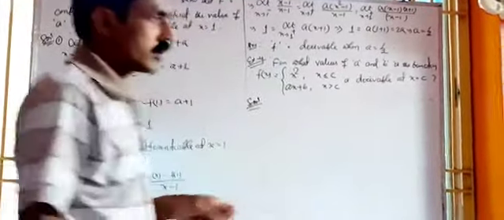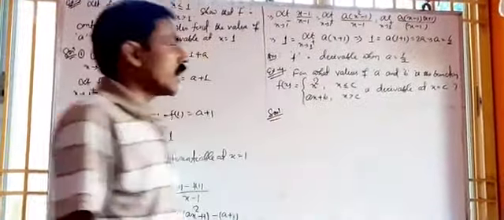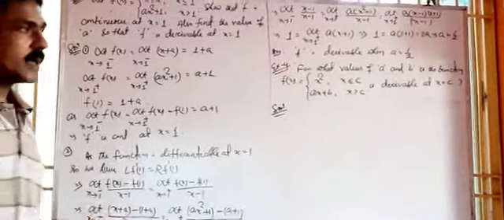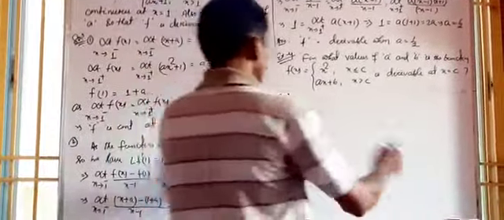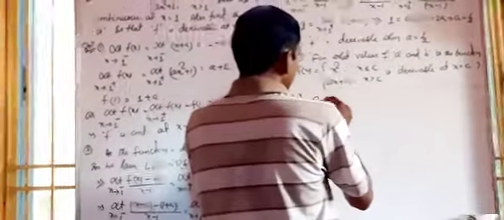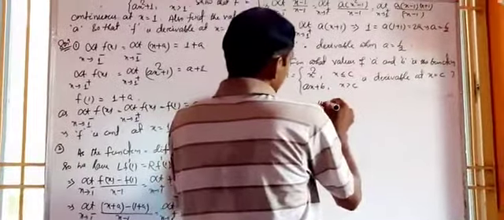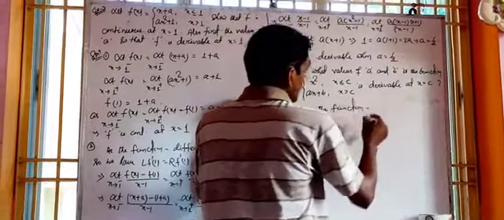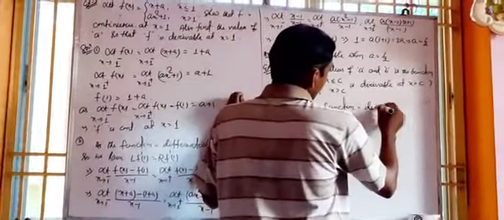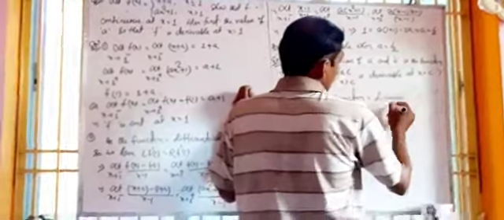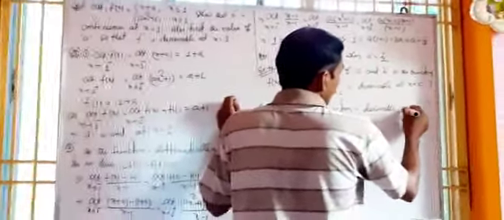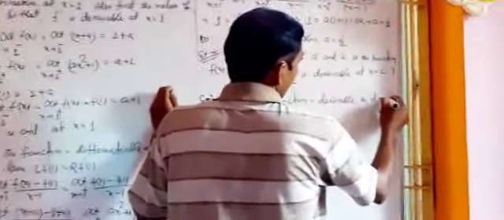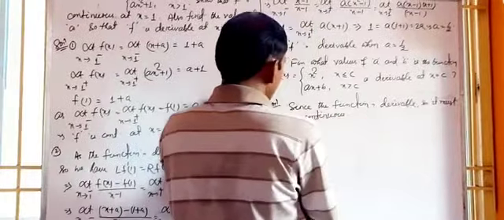So solution. First, it is given as differentiable. If it is differentiable, then it must be continuous. So here first we write: since the function is derivable, so continuous.